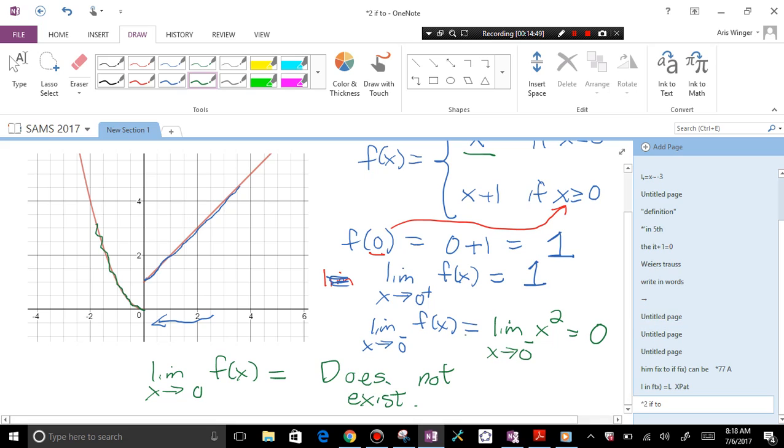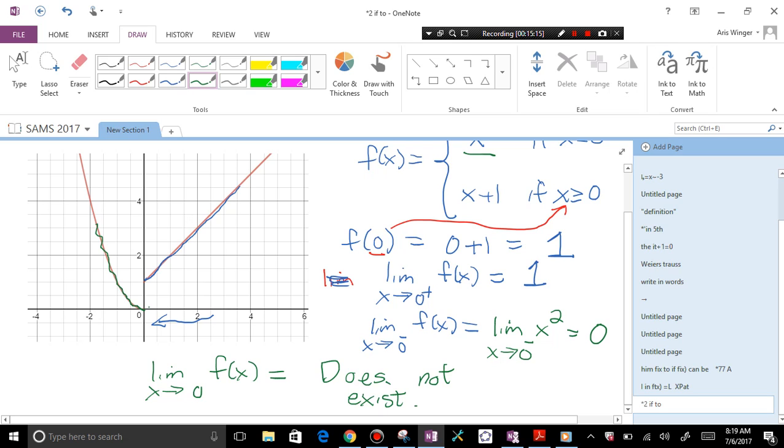And then you simply say, well, it looks like that when I look at 0.01, 0.0001, 0.00000001, right, then it looks like that you're getting closer and closer to 1. And then he says yes. And I say, well, wait, if you do negative 0.01, negative 0.000001, it looks like you're getting close to 0.